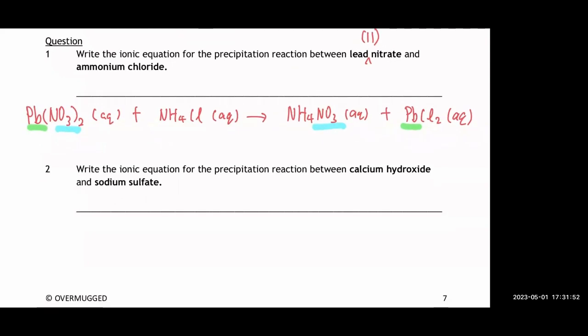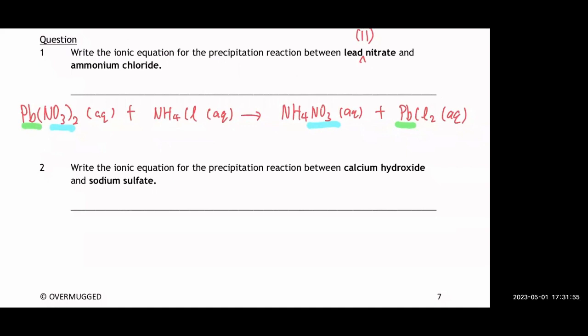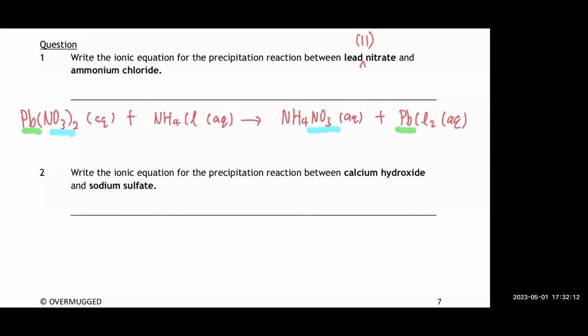Let's go. Balance this equation for me, please. Where do I put a two? Very good.